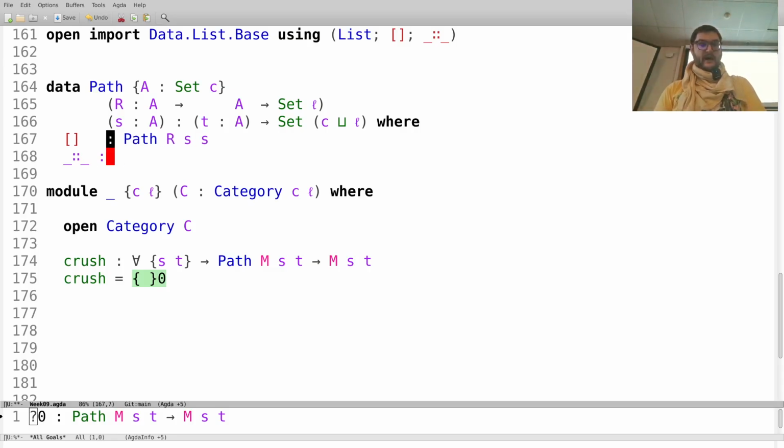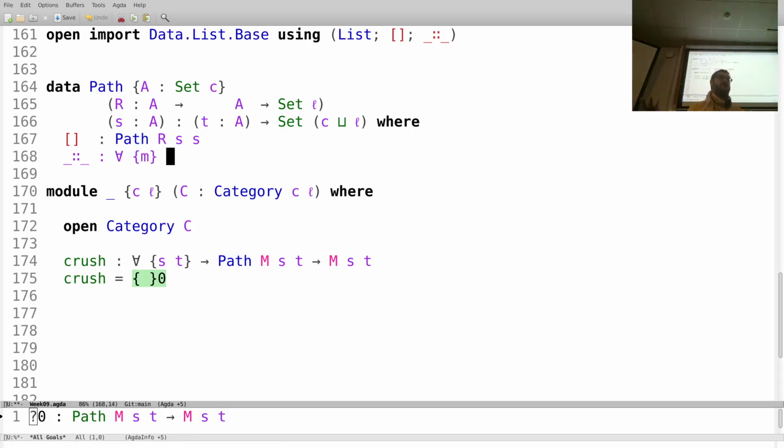And this is why I had to make the target type a bit bigger here, because I do need to store a middle point, right? These endpoints are only talking about the start, the source and the target. But when I'm taking a step, I'm choosing a different node to go to.